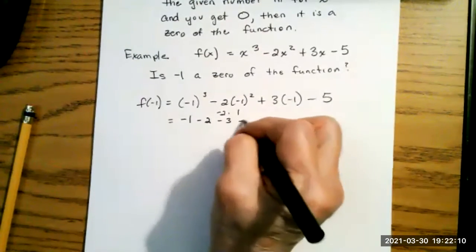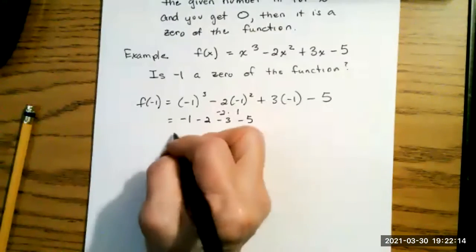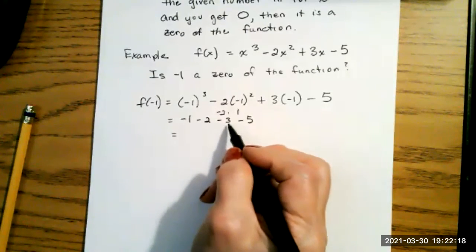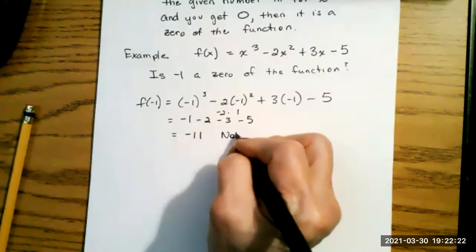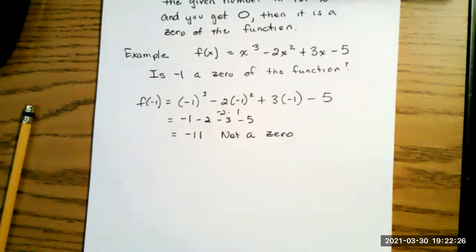And then I have that 5 down there that's negative. So it looks like they're all negatives. It's not going to be 0. Looks like I've got -1, -2, -3, -5, which is -11. So this is not a 0. It makes -11, but it's not a 0. It has to be a 0 to be a zero of the function. Okay?